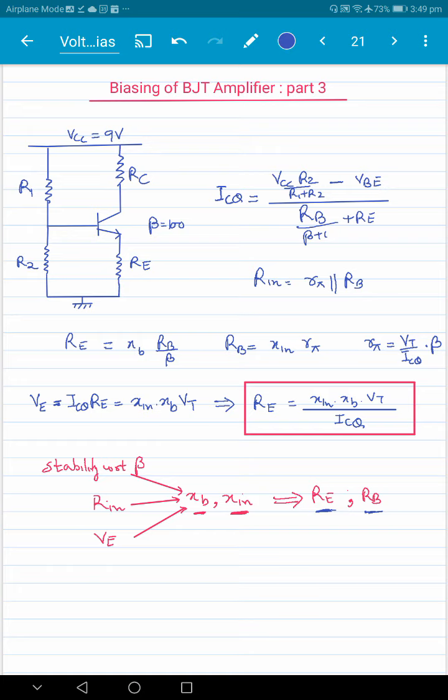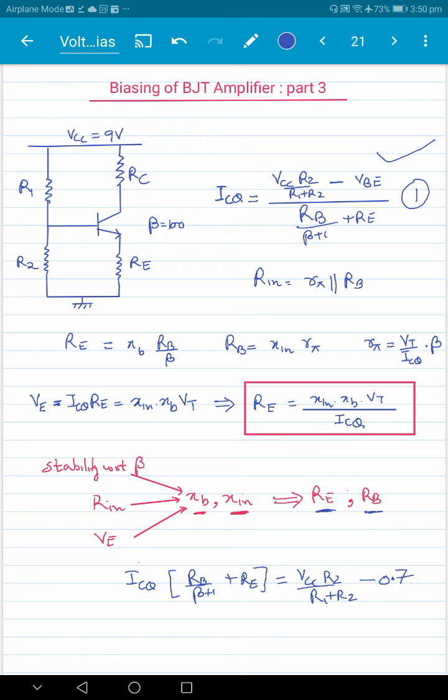And the moment you do that, if you go back to this equation number 1, we can write this as ICQ times Rb by beta plus 1 plus Re equal to VCC R2 by R1 plus R2 minus VB, so let's take it 0.7.